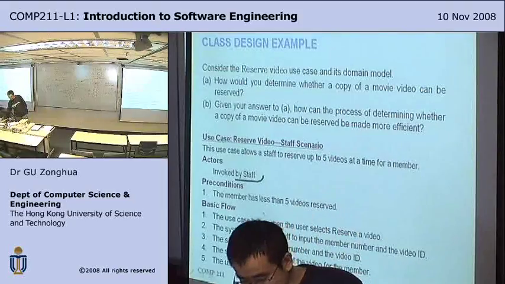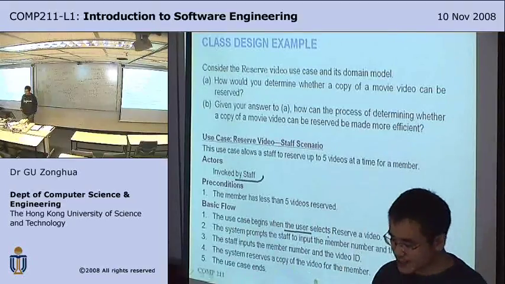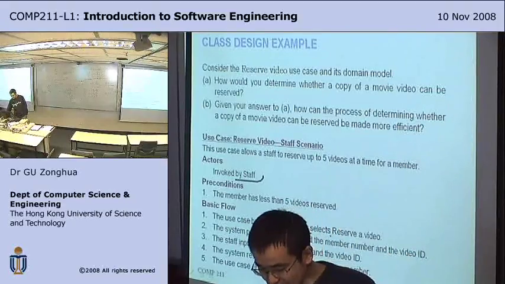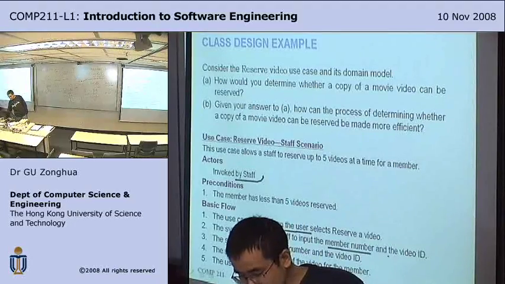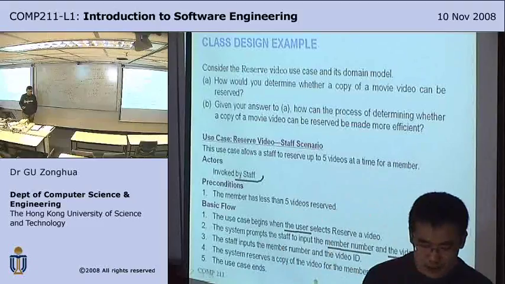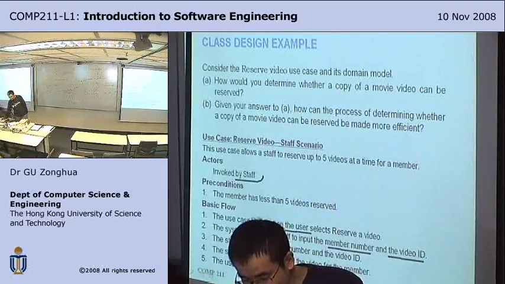The use case begins when the user, that is the staff, selects the reserve a video menu item, and the system prompts the staff to input the member number and the video ID. The staff inputs the member number and video ID and reserves a copy of the video for the member.